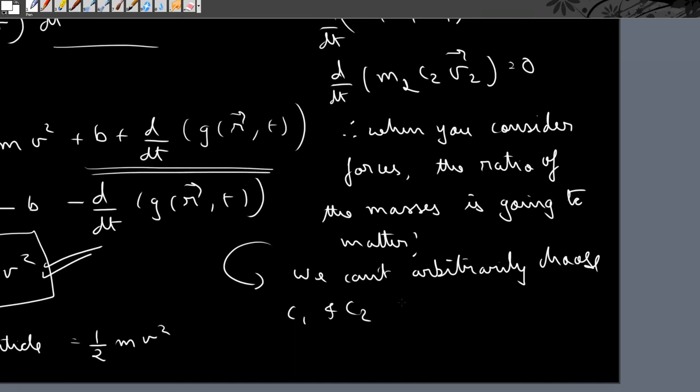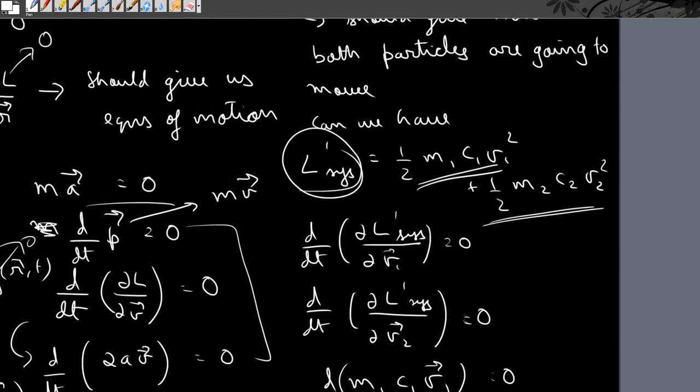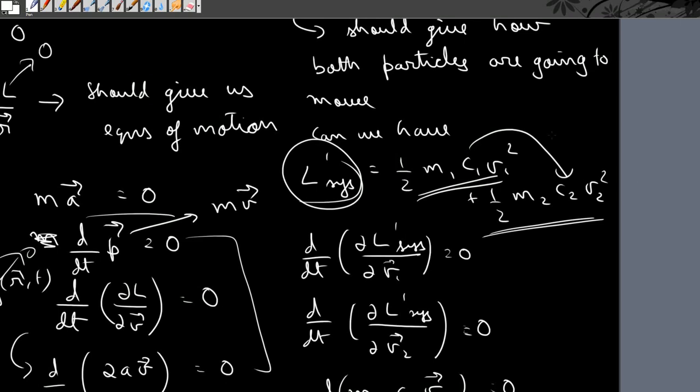So how do we choose the constants then? We can only have C1 equal to C2, because only then the ratio of the masses is going to remain the same. If C1 and C2 are the same, then L1 dash by L2 dash is going to be constant, or the ratio is going to remain the same only if C1 and C2 are the same.